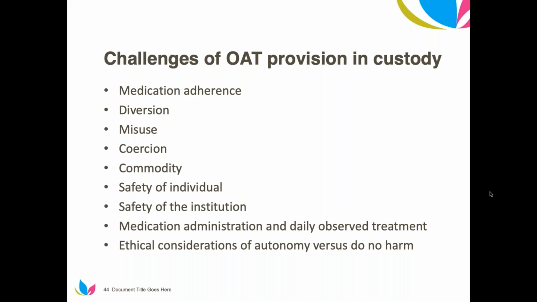So the challenges of providing OAT within custody are medication adherence and diversion, which we talked about, the misuse, and coercion is an issue. It is a commodity. We worry about the safety of the individual and the safety of the institution with diversions happening. Ultimately, we try to be as patient-centered as possible.